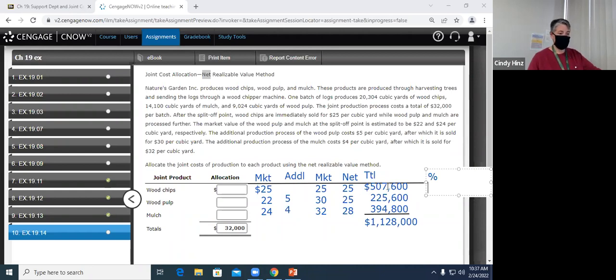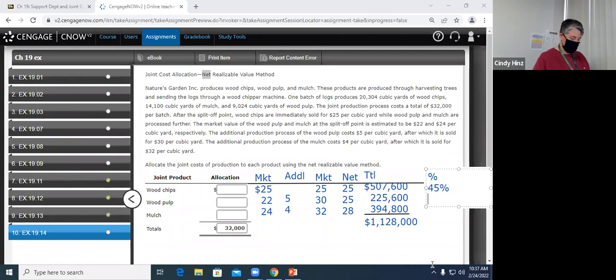So now I'm just calculating the percentages. The total dollar in our next to the last column, the column we just did, $507,600 out of $1,128,000, that's 45%. Wood chips represent 45% of that net realizable value when we sell them to the consumer.